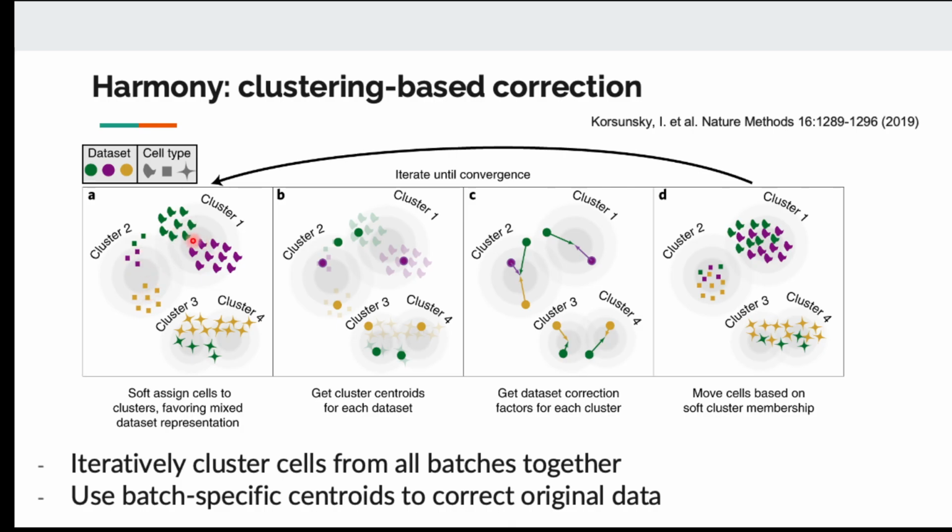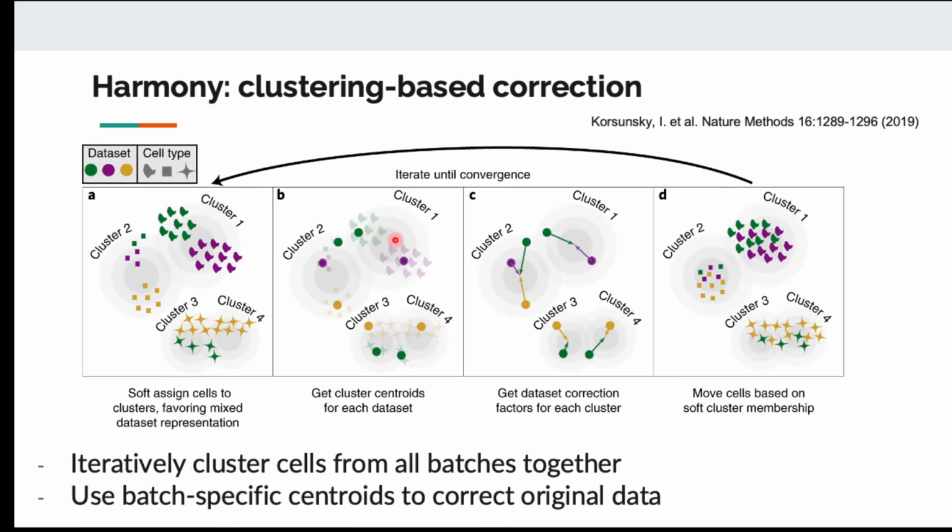So the second approach utilizes this assumption to say that if you do clustering, and clustering is the process of grouping, if you try to cluster cells from multiple batches together, because cells from the same type, even though they are not on top of each other, are next to each other, when you cluster, they should belong to the same cluster anyway.